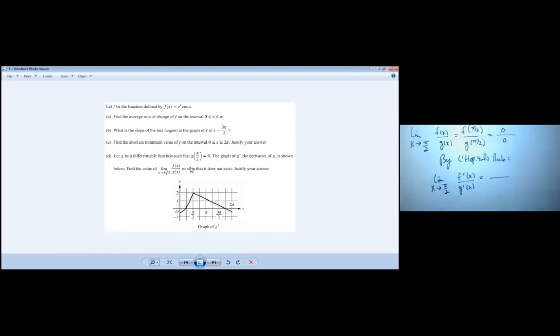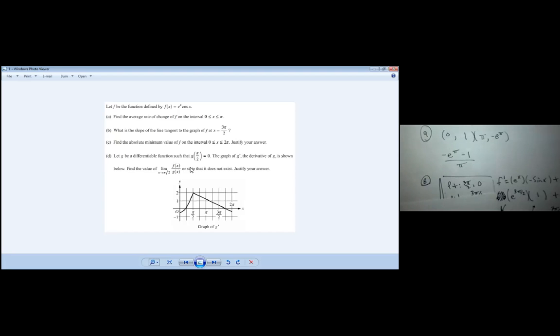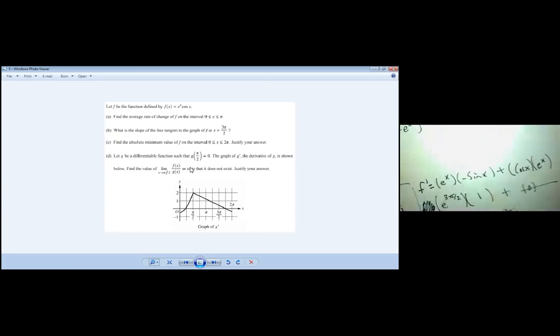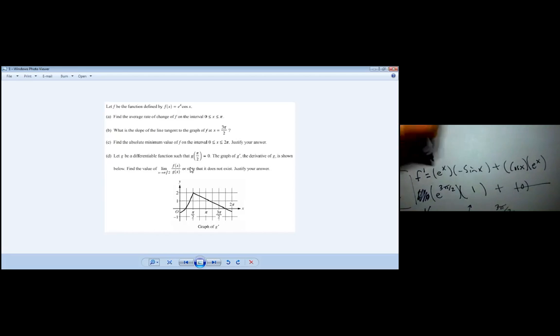What is f prime of pi over 2? I don't know, but we know what f prime is, right? Let's plug in pi over 2, Isabel. What would that give us? That'd be e to the pi over 2, and then negative sine of pi over 2, which is 1, then negative.